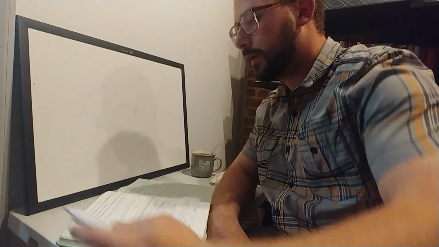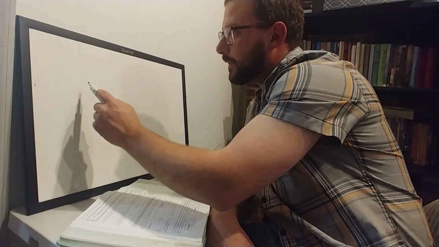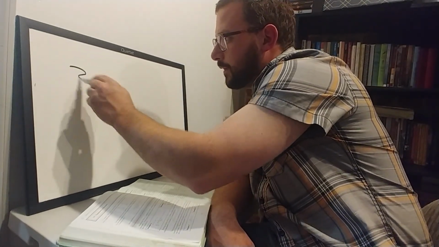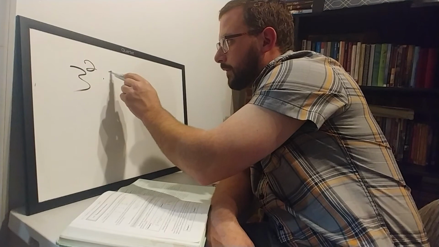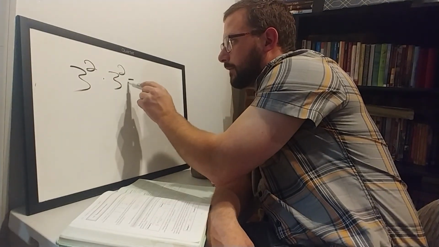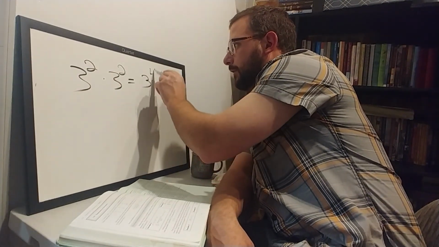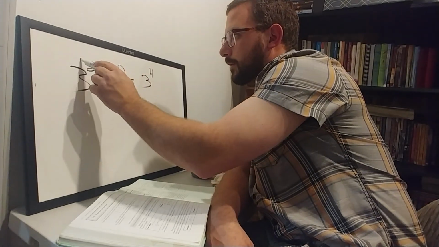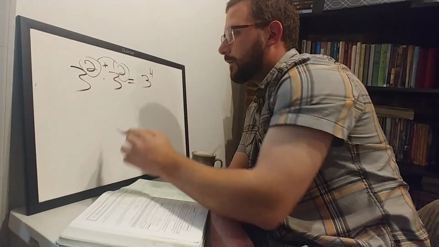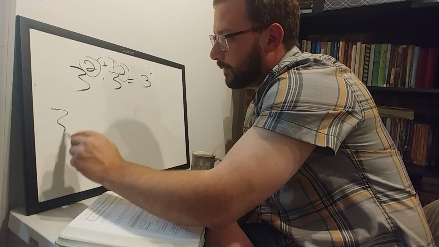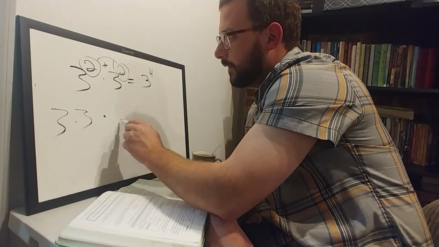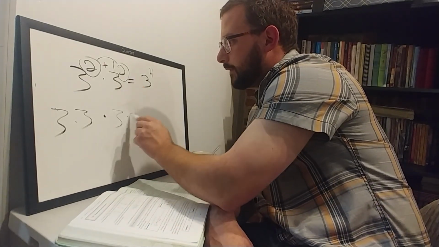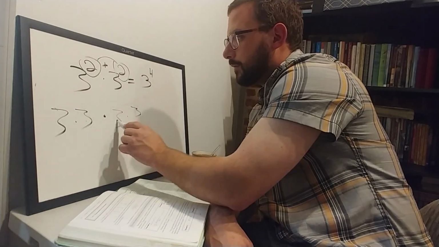Yesterday you learned that if you have 3 squared times 3 squared, that is the same as 3 to the 4th. You add the exponents, and they showed you how it worked because 3 squared is 3 times 3, and 3 squared is 3 times 3, so that's 1, 2, 3, 4.